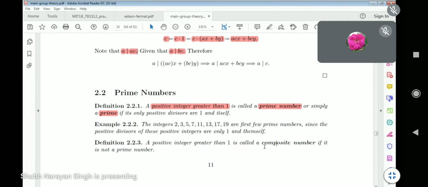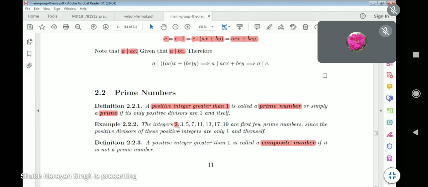If you ask for an example of a prime number, you can see 2 is a prime number. What is the reason? Because the positive divisors of the integer 2 are 1 and 2 only. Think about 3: if you claim that 3 is a prime number, you can look at the positive divisors of 3, and you can see that 1 and 3 itself are the only positive divisors of 3, and so on.